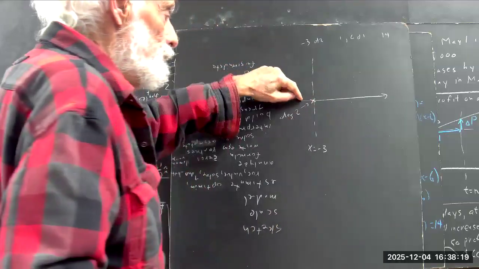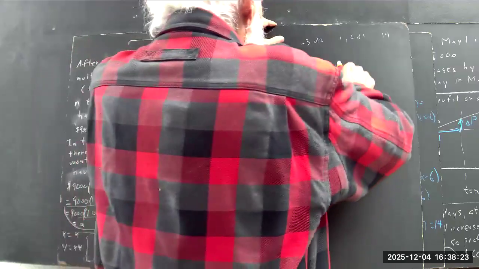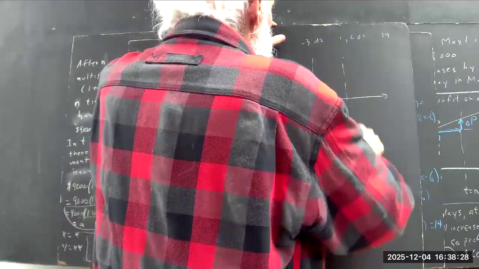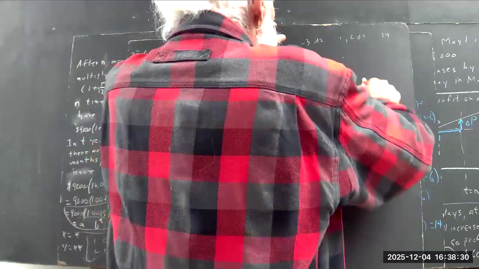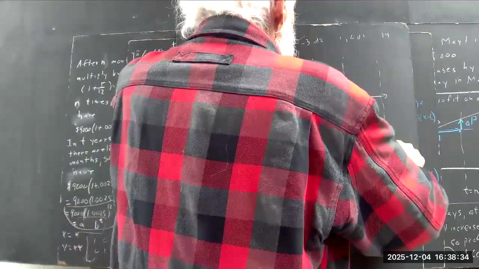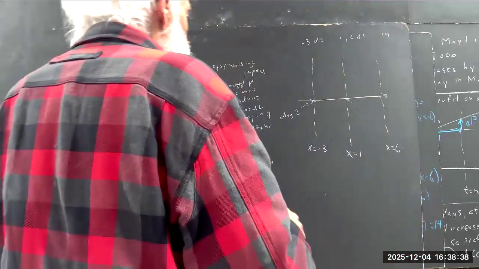We have a 0 here. We have a 0 at x equals 1, and a 0 at x equals 6. My scale's a little off, but that's okay.